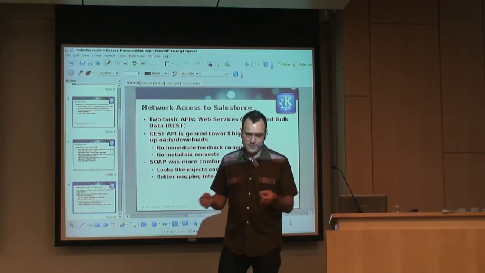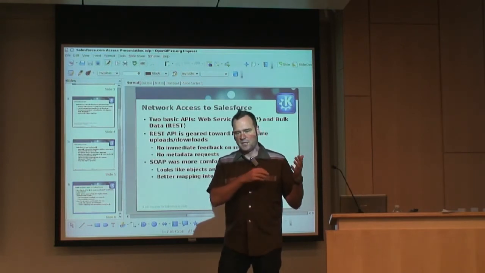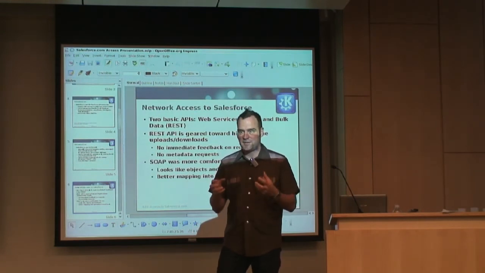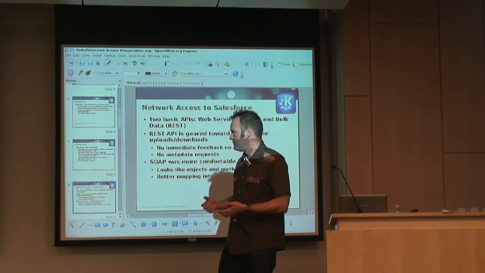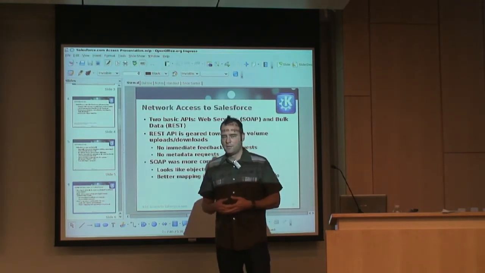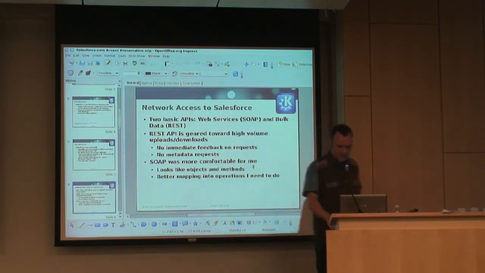I don't know how you pronounce it anyway, WSDL. These files can be compiled or turned into descriptions that you can then do these sort of object-like accesses to. So for me, that made sense. And also, the SOAP interface had more stuff that was helpful for implementing some of these things that I had to implement, which I'll show you a little bit.